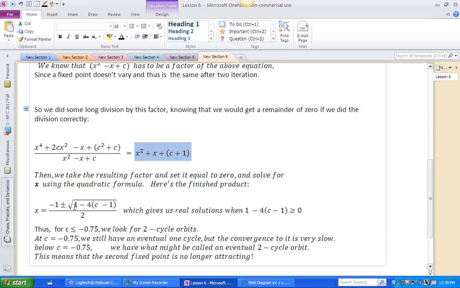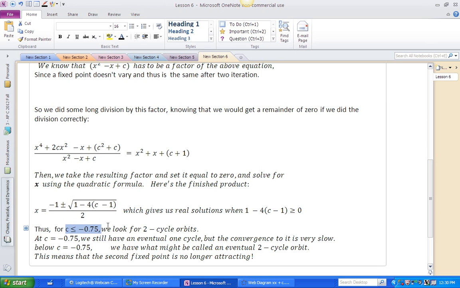We get this. Notice under the radical we now have something different, and we want that to be greater than or equal to 0, so it'll be real. So we set that greater than or equal to 0, solve for c, and learn that c is less than or equal to negative 0.75. That's where we're looking for a 2 cycle orbit.